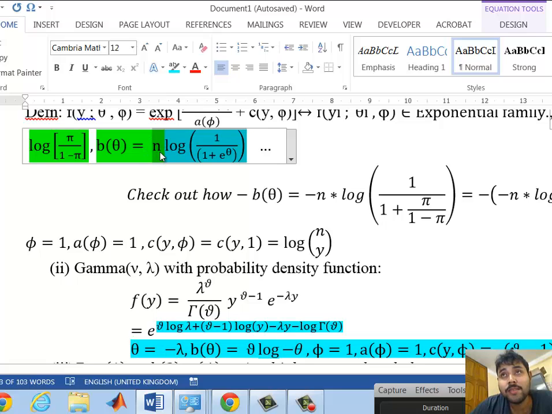So d by d theta of n is 0, so that term vanishes. The second part of the term is n into the chain product form of differentiation of this with respect to theta.